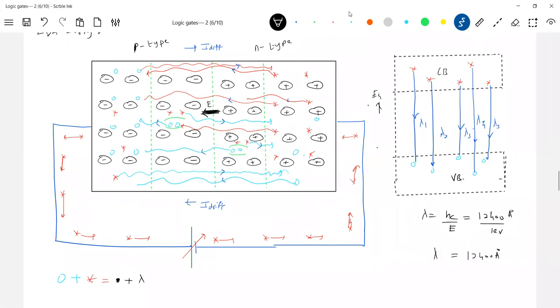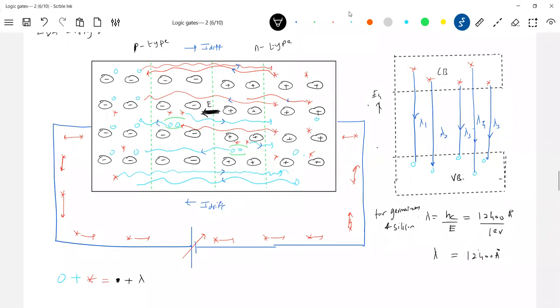Is it in the visible spectrum? The energy band gap is for germanium and silicon. The wavelength available due to recombination will be of the order of 12,400 Angstroms. Visible spectrum is how much? 4,000 to 7,000 Angstroms.